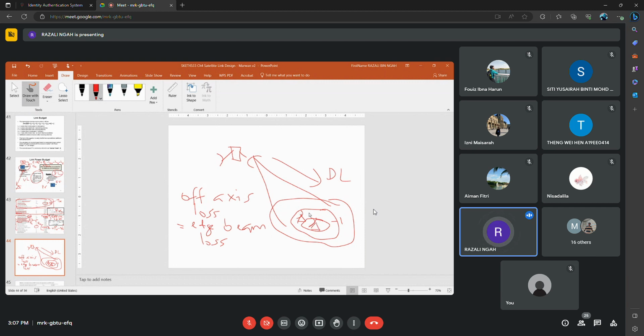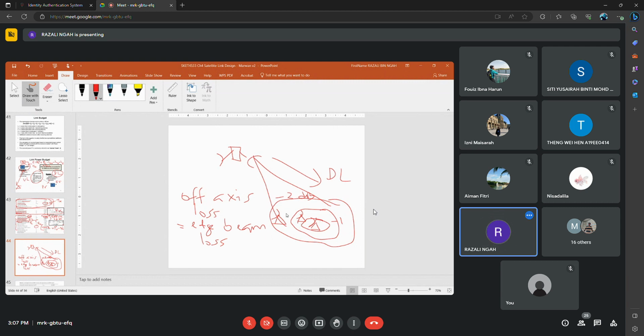It's located, for example, in the minus 1 dB, or the next one is the minus 2 dB contour. If you are in this region, the offset becomes higher. That means your antenna is not really pointing to the satellite antenna.